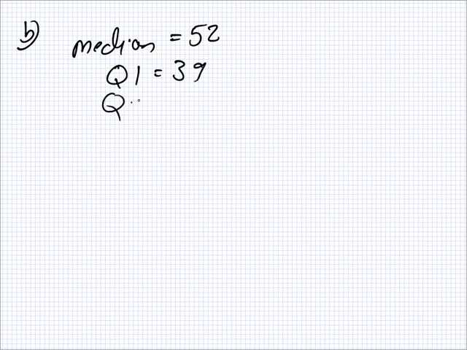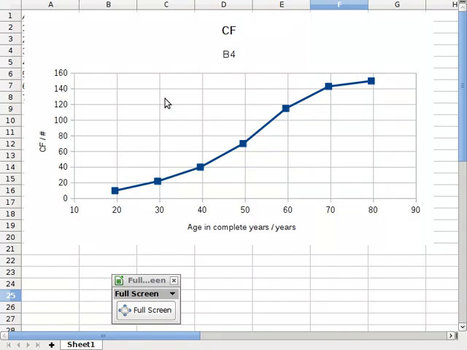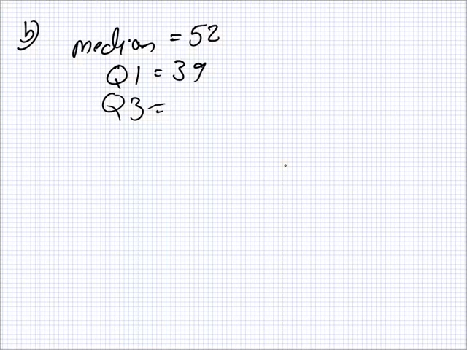And then the upper quartile, 59? No, a little less. 58 maybe? I don't know. 58 or something.